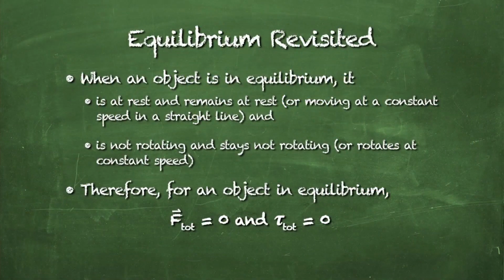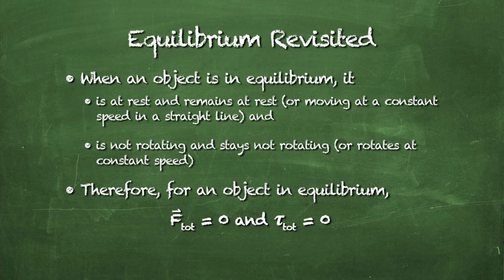Okay. This brings us back to equilibrium, because when an object is in equilibrium, it is at rest and it remains at rest, or it's moving at a constant speed in a straight line, and it is not rotating and it stays not rotating. Or it could also be a case where it rotates at constant angular speed.